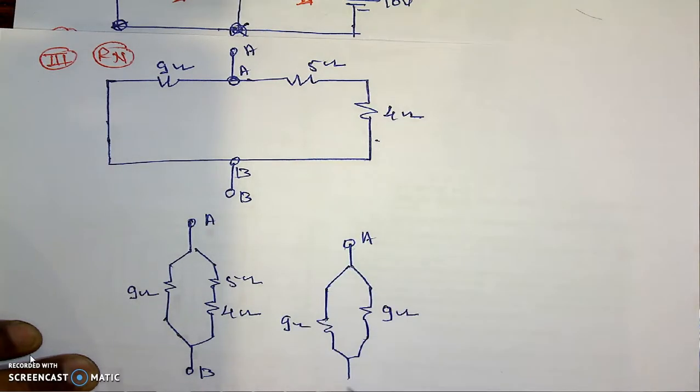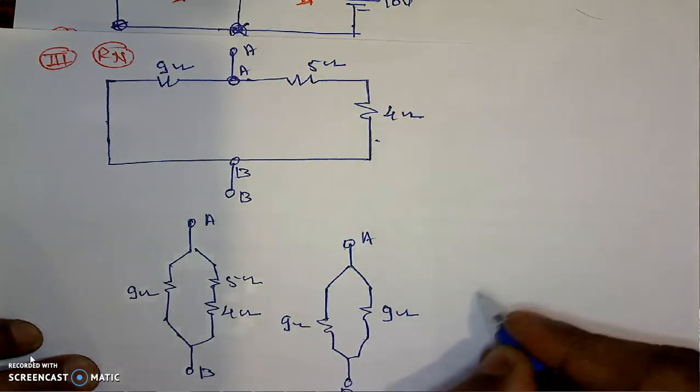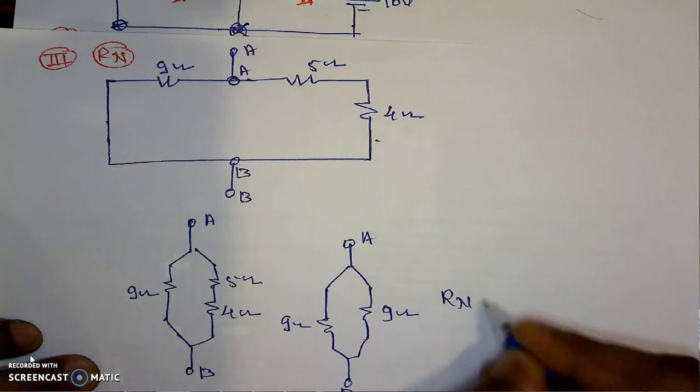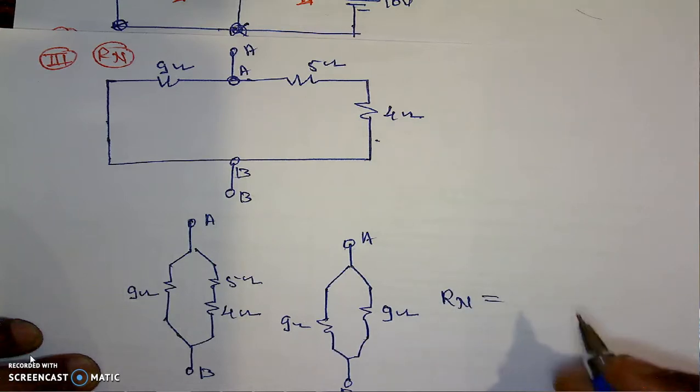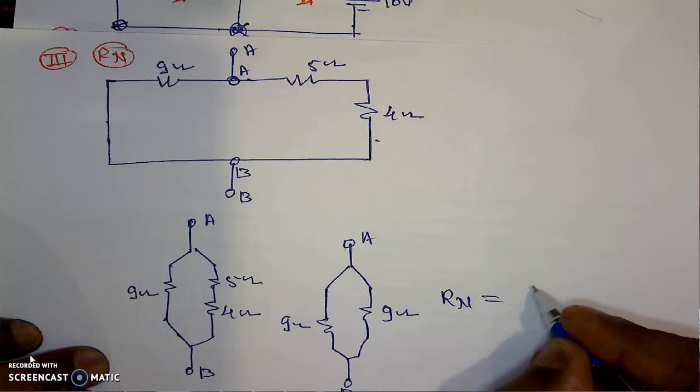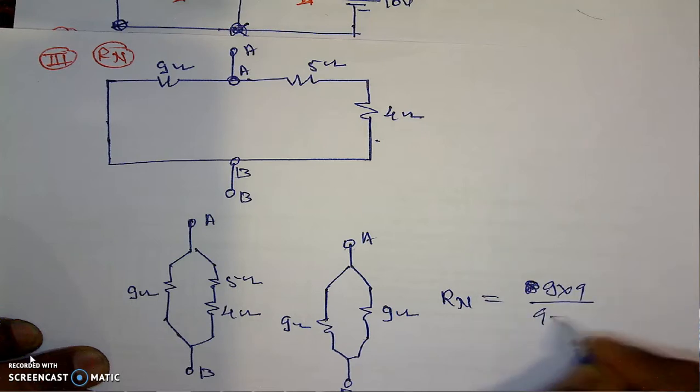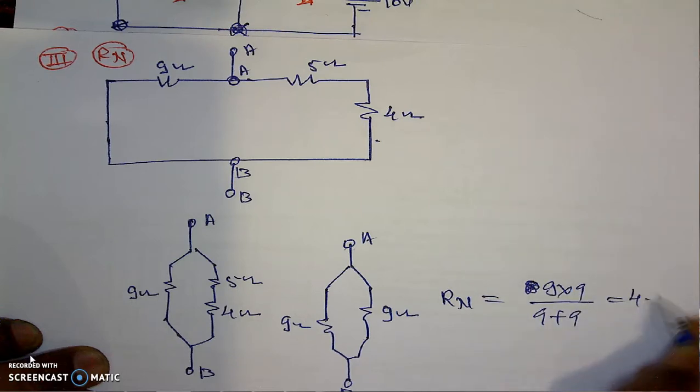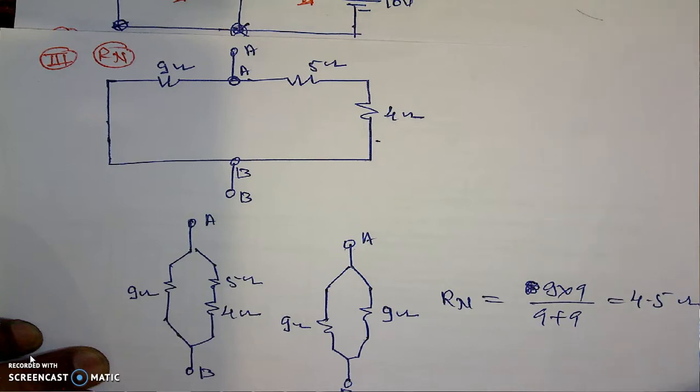This is A, this is B. If we are finding its Norton's resistance Rn, it is equal to 9 into 9 divided by 9 plus 9, which is 81 divided by 18. If we work this calculation, it will be 4.5 ohm.